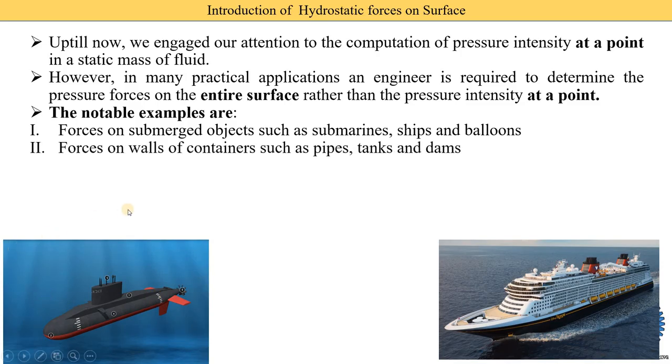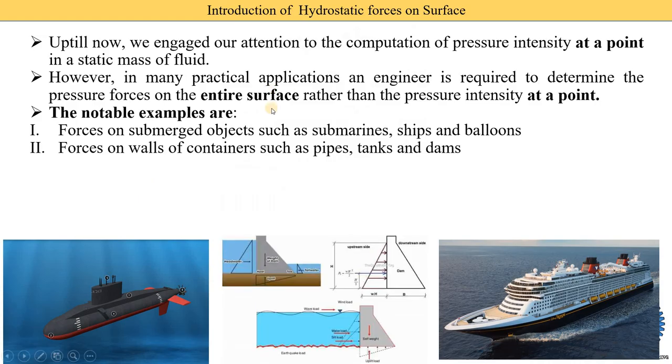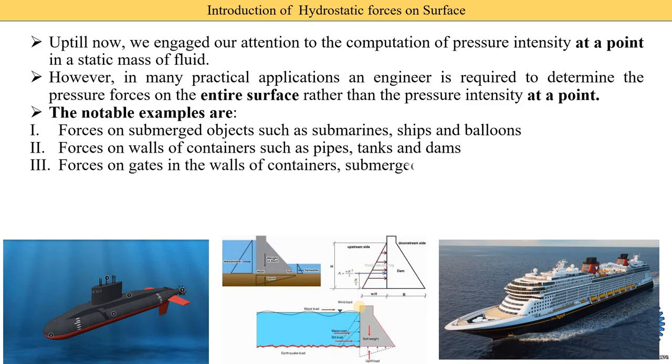Second application is force on the wall of a container such as pipes, tanks and dams. Here we see the dam is also inside the water, so the depth of the dam is higher. So on the surface of a dam, some force is acting from the water. It is also considered hydrostatic force.